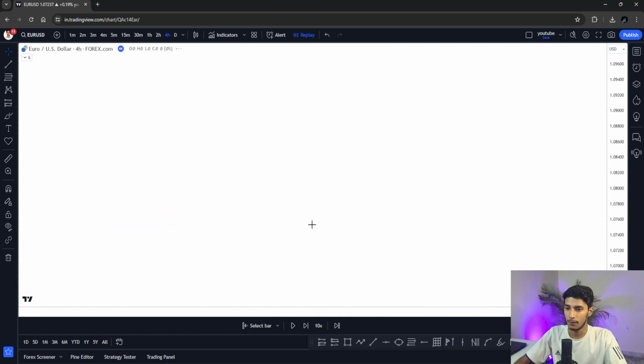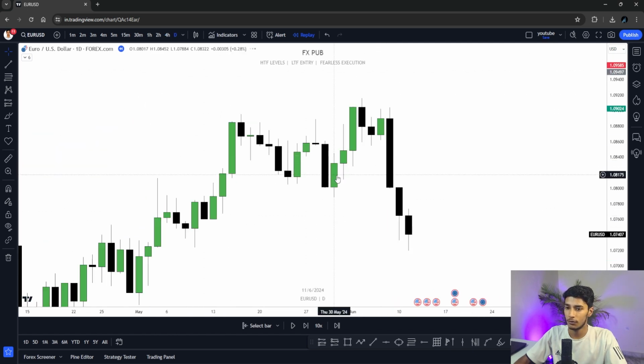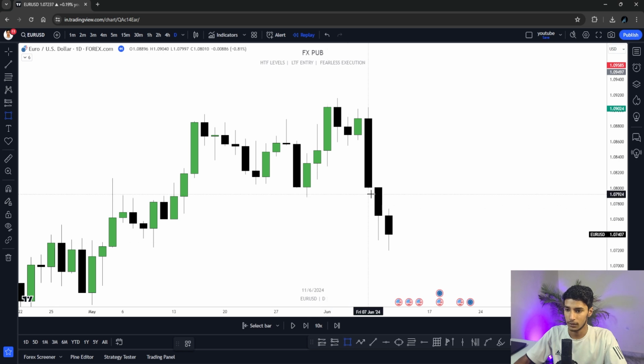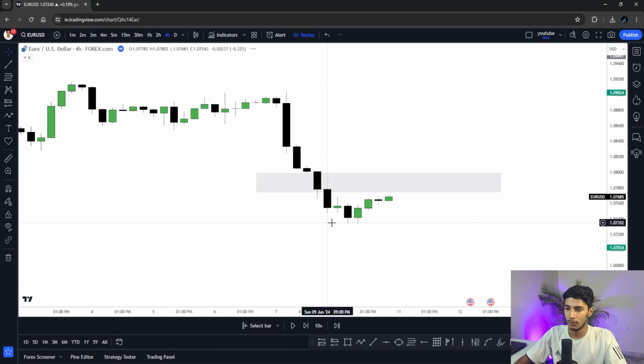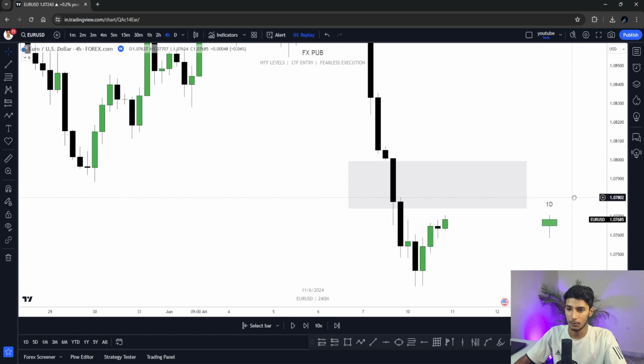You can see now on the daily time frame we mark up some things. We have a daily fair value gap here, from where we can expect the internal range liquidity to external range liquidity. But on the 4-hour time frame, we have some imbalances.